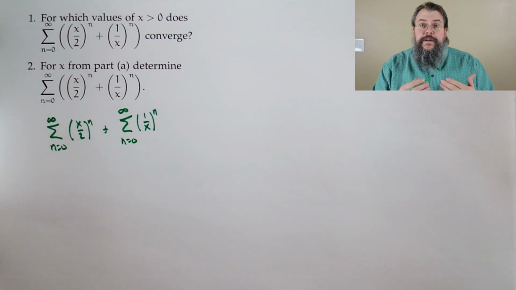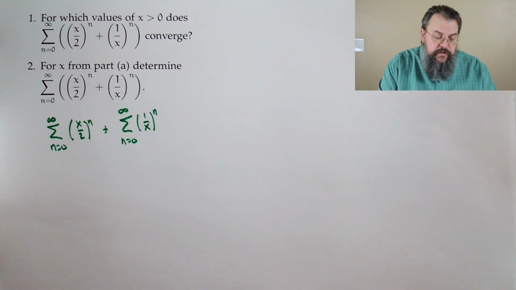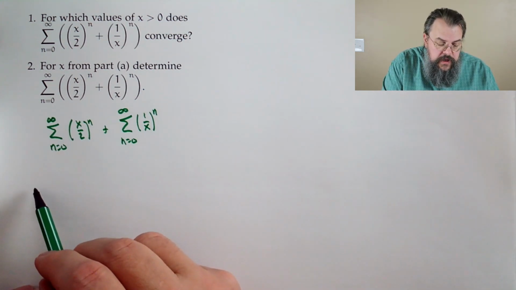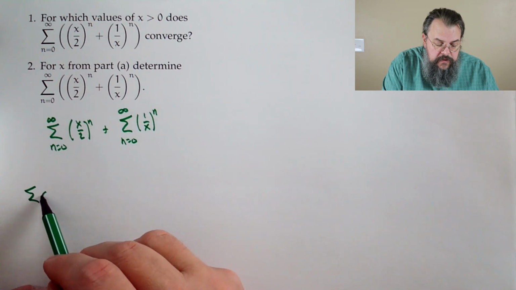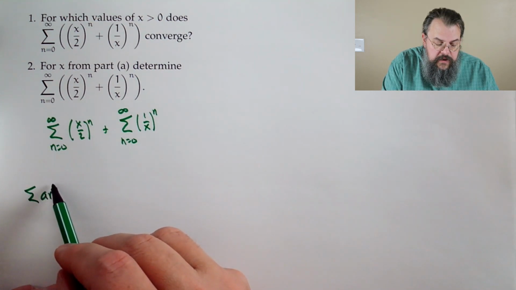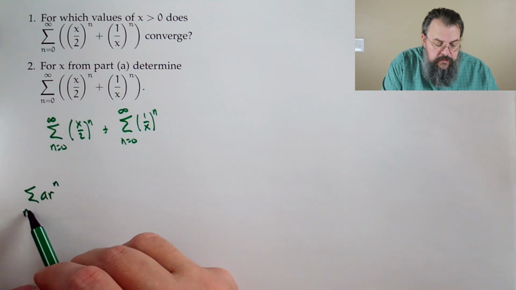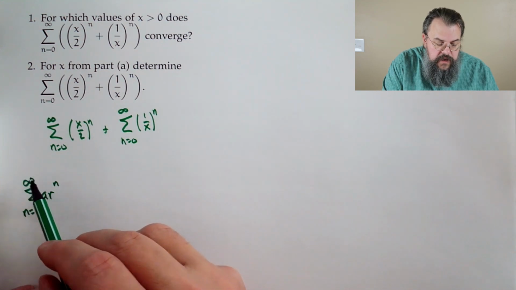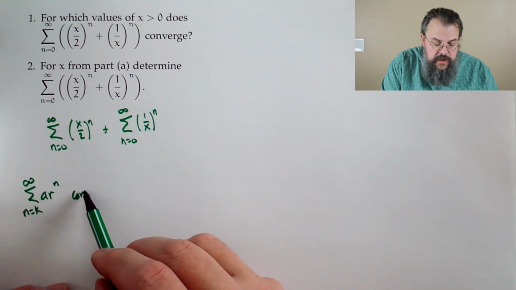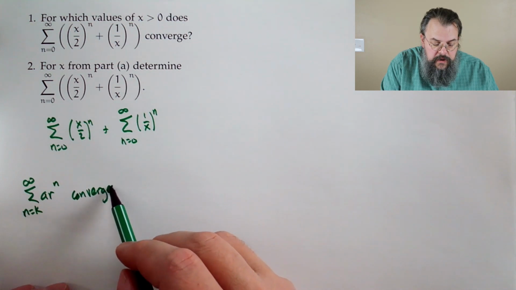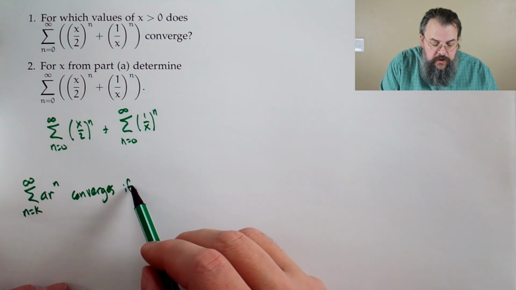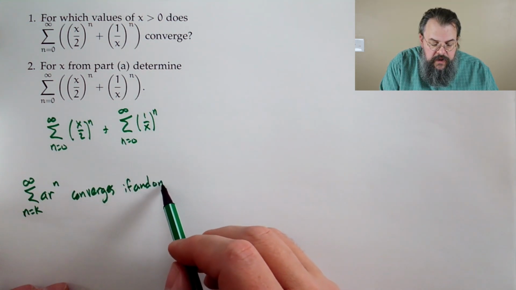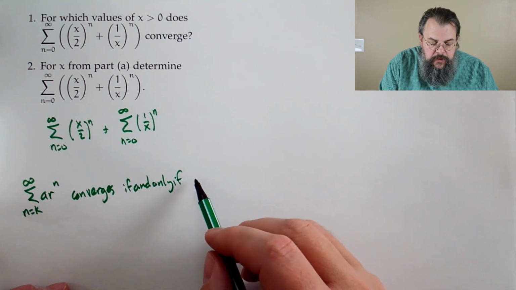Well, we have a geometric series. And there's a basic rule about geometric series. So what's our basic rule? Our sum of a r to the n from, doesn't matter where we start, to infinity, this converges, and that's what we want to know, if and only if, and so if what?